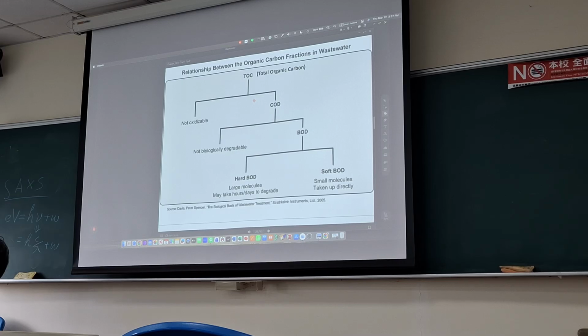And oxidable including the COD. Okay, COD means chemically oxidable carbon.